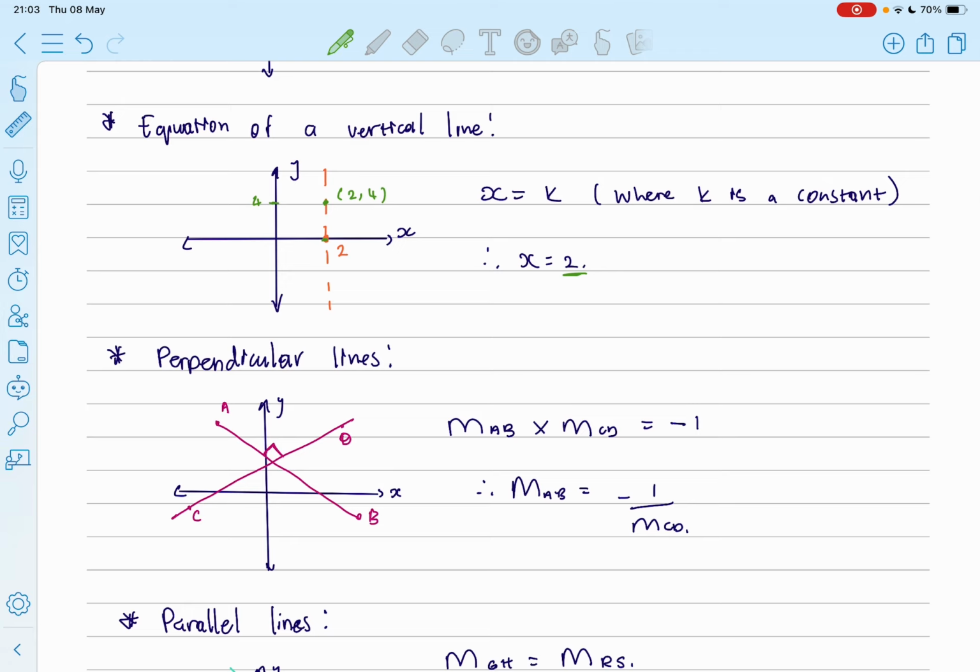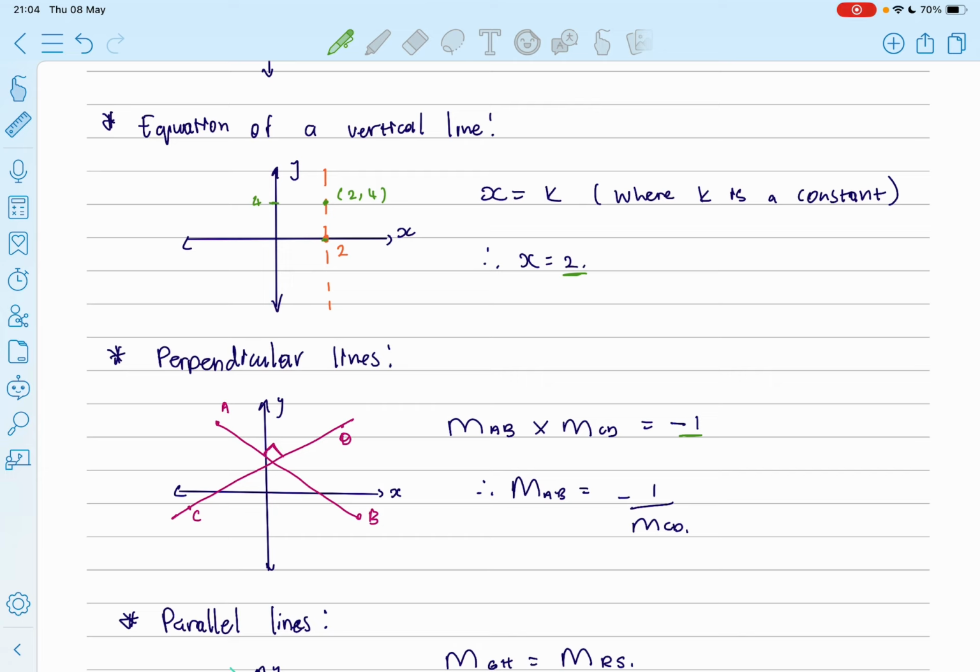And then we also have to look at perpendicular lines. When you multiply the gradients of two perpendicular lines, they give you a product that is -1. So you'll find that in exam questions, you'll be given the gradient of one line, and then they'll ask you to determine the gradient of another line that is perpendicular to that.